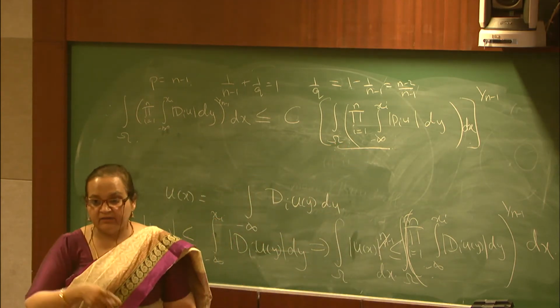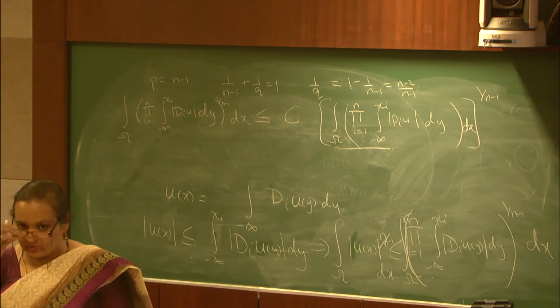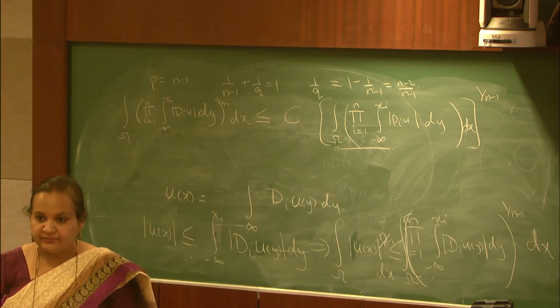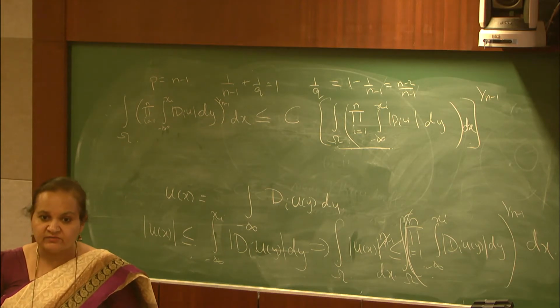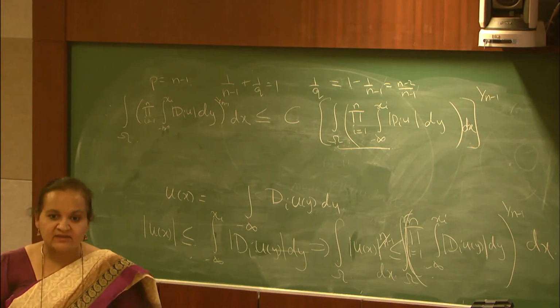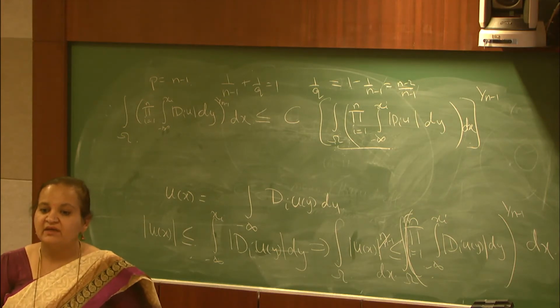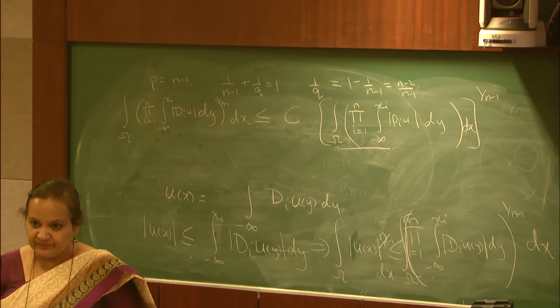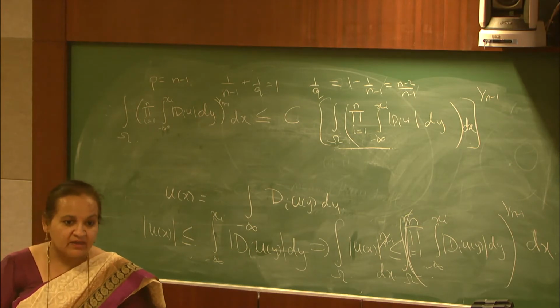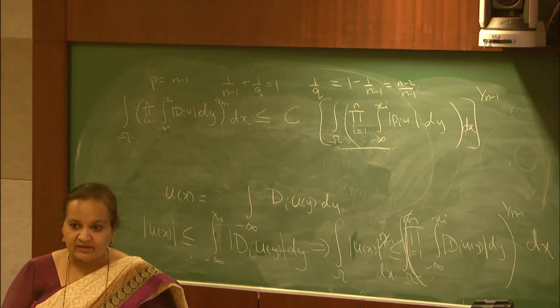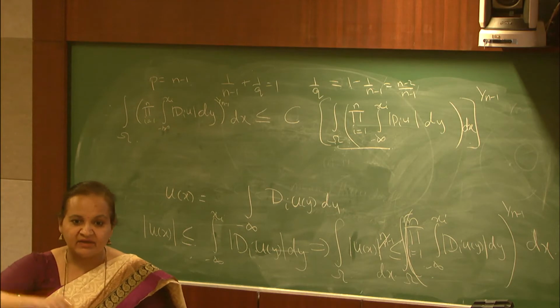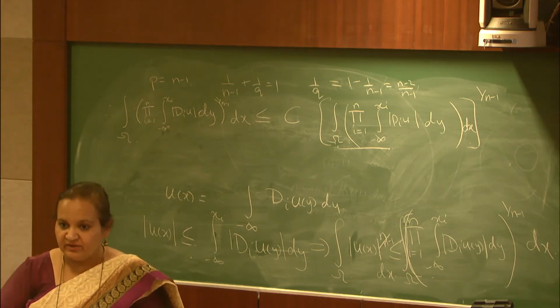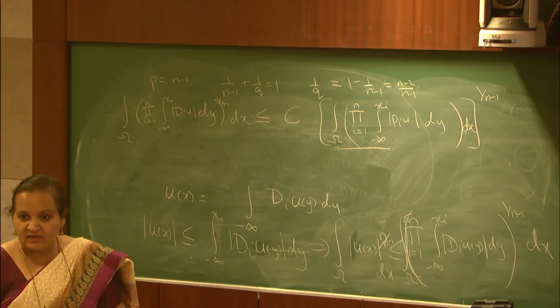Your xi is going to vary over entire omega. Your x is varying over entire omega. So basically, your xi is varying from, say, even if you put it from minus infinity to infinity, the values will be taken as long as x is inside omega, right? But you are basically having xi varying from minus infinity to infinity. You don't care what happens outside omega.